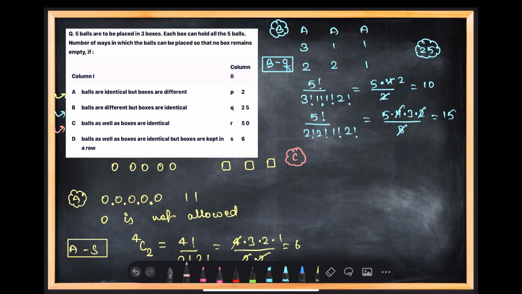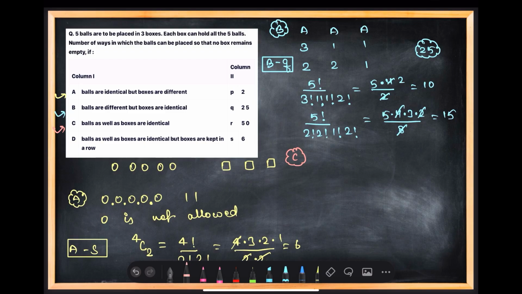Sometimes they will ask you to distribute identical books to identical shelves, identical fruits to identical bags, identical balls to identical boxes. In this case you have to do distribution because you cannot distinguish between the objects, neither between the bags, boxes or shelves.